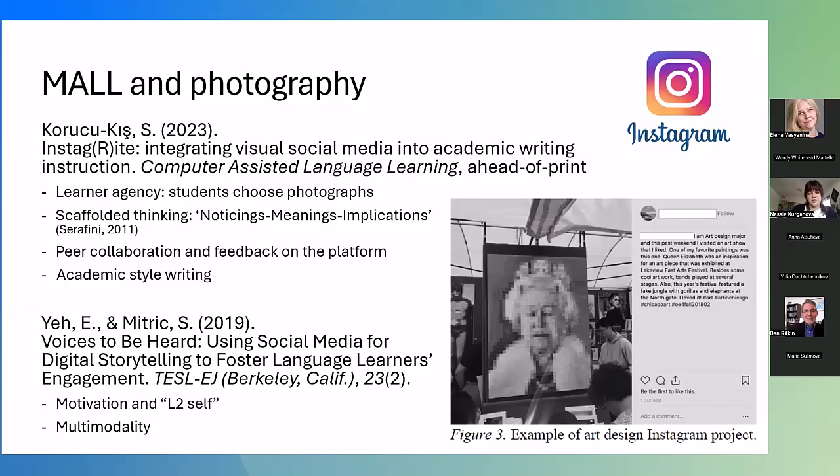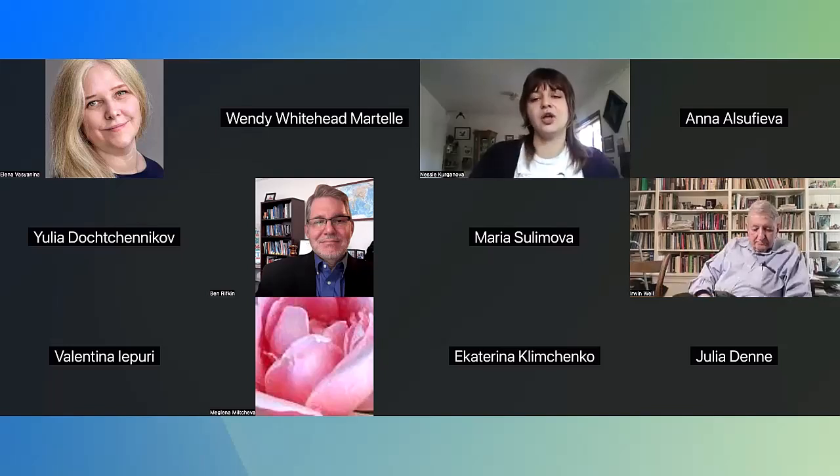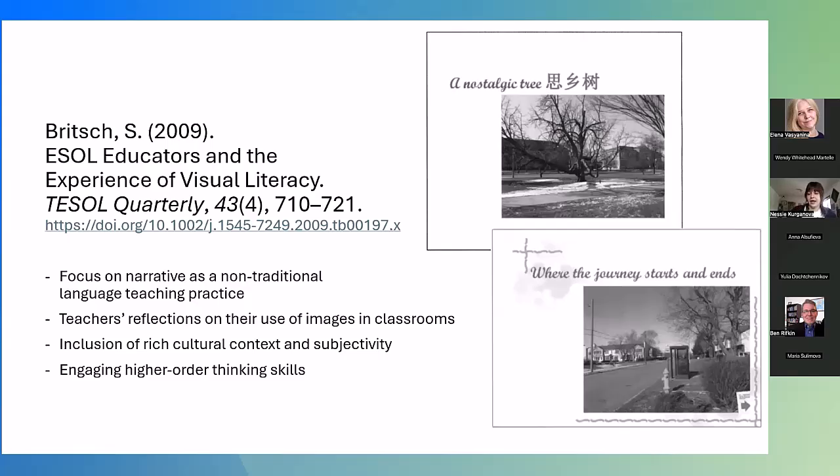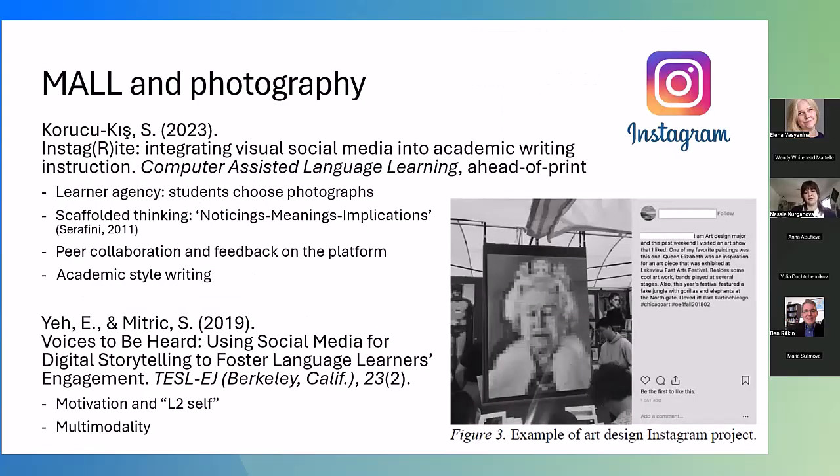And according to the L2 self model, they capitalized on that version of bright future self that is able to do things in the target language and can show it and can narrate it. And that increased motivation, that took the edge off. And I think it was a very successful example.